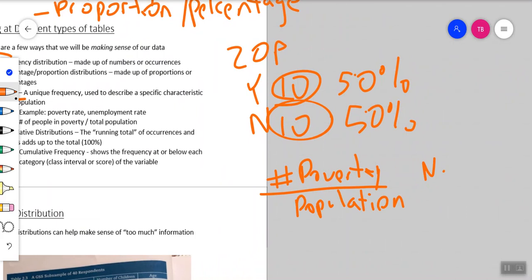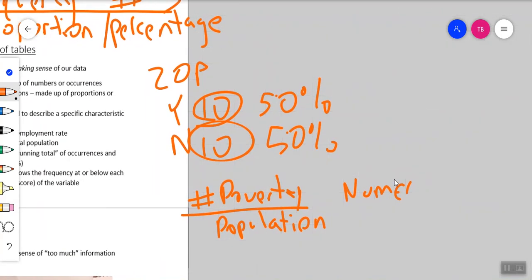The top one, if you recall from math, is the numerator, and the bottom one is the denominator. So the number of people in poverty on top of the population.